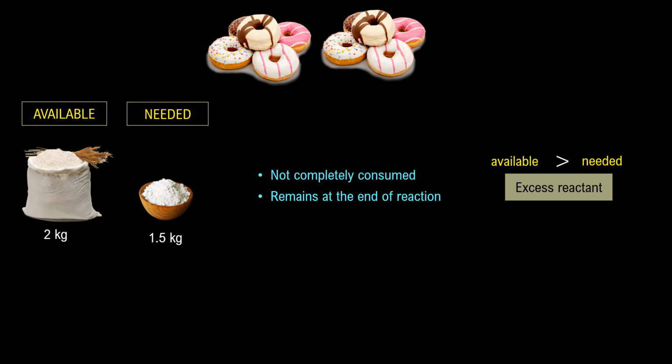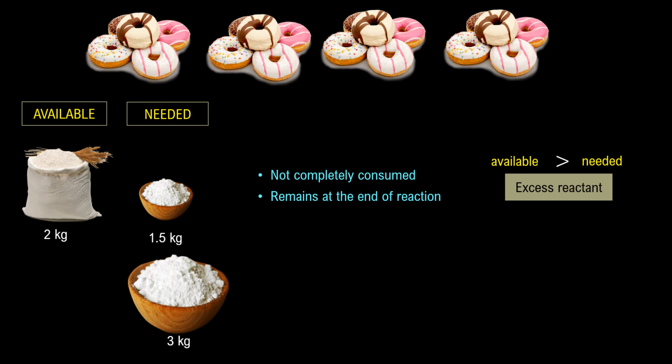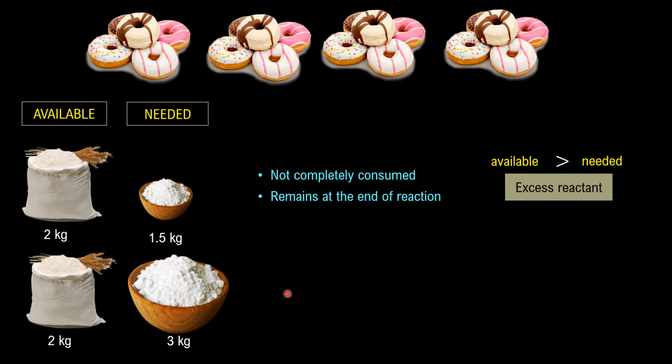Second situation, let's say kita nak buat 20 biji donat. Katakan kita perlukan 3 kilo tepung untuk buat 20 biji donat ni. Dekat dapur kita ada 2 kilo je tepung. So, apa jadi pada 2 kilo tepung tu? Dia akan completely consume. Habis guna, tak ada baki lagi dah. Dan dia juga akan limit amount of product. Dia akan menghadkan bilangan donat yang boleh kita hasilkan. Mungkin tak cukup 20 biji lah yang terhasil tu.